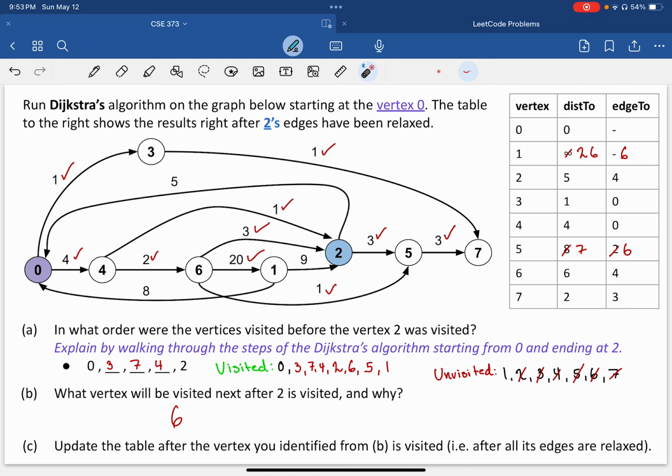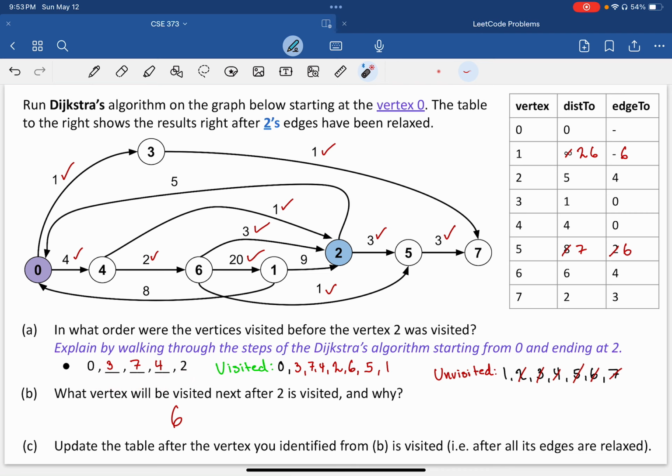And to get to 6, it has a distance of 2 between 4 and 6, so 2 plus 4 is 6, so the cost to get to 6 is going to be 6. And now that 4's edges have been relaxed, we can classify 4 as visited, so the order of vertices visited before 2 is 0, 3, 7, 4, and then 2.